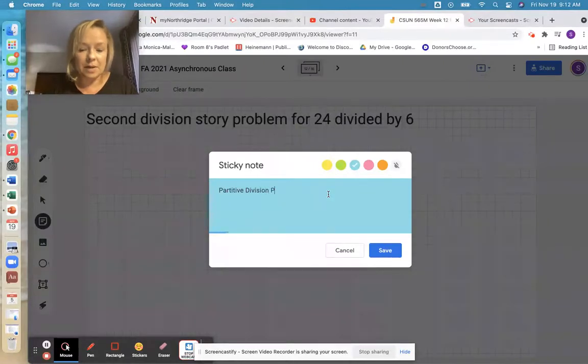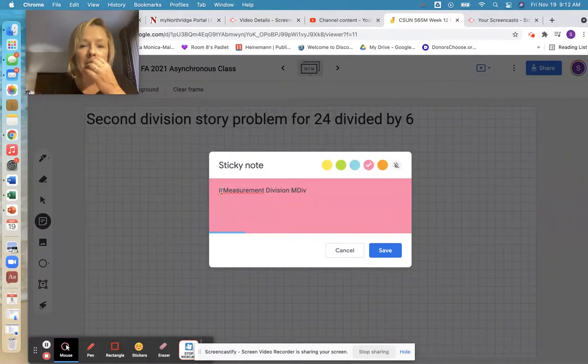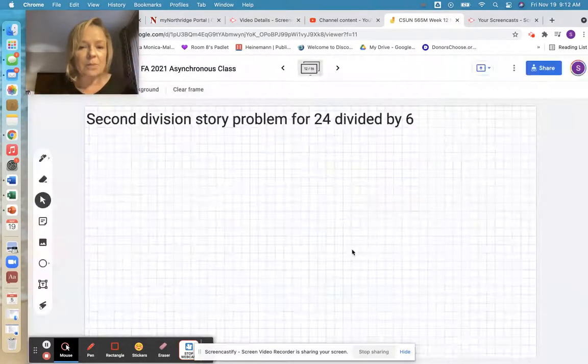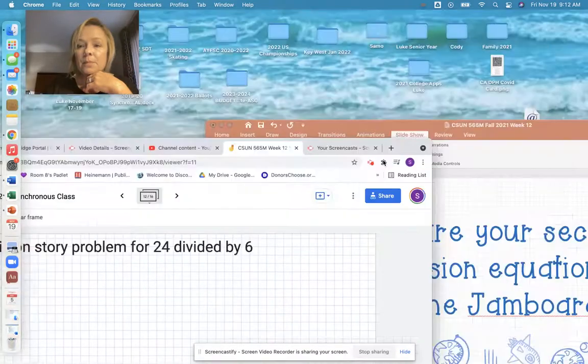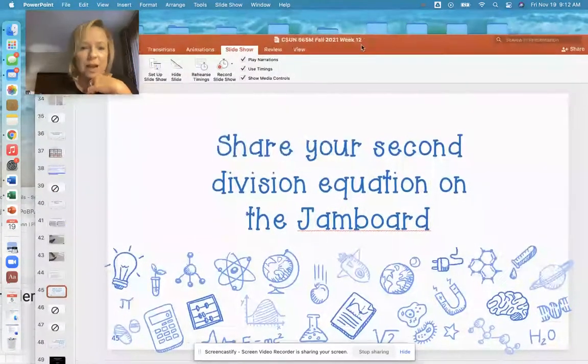And sometimes we call that PDiv, in blue, and make your measurement division in red, in pink. Okay, so then we can start to see the different kinds of division problems, and we'll also start to get a little bit of a repertoire of those that we can use in our own practice.